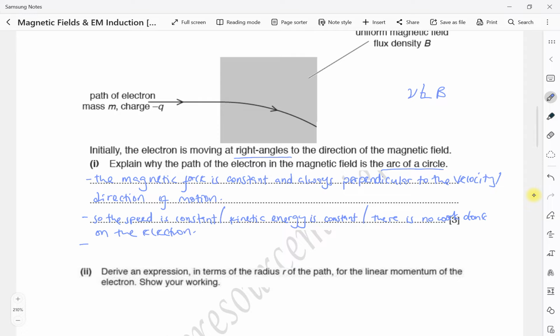So the magnetic force only provides centripetal force or centripetal acceleration.